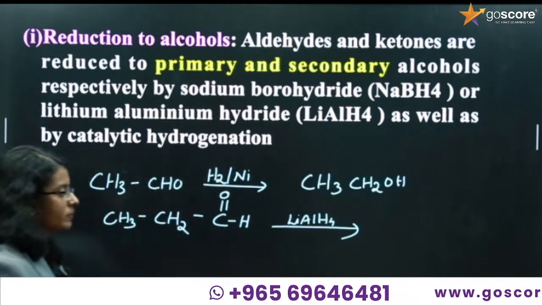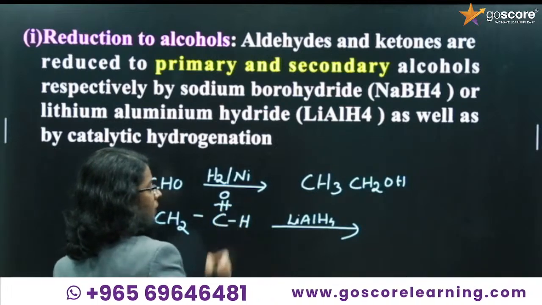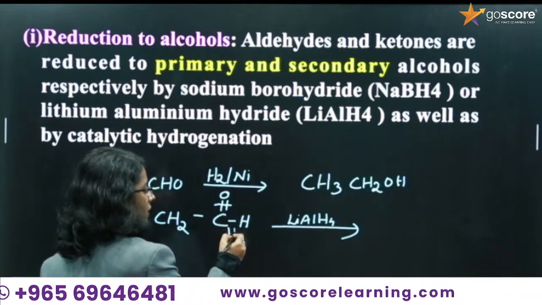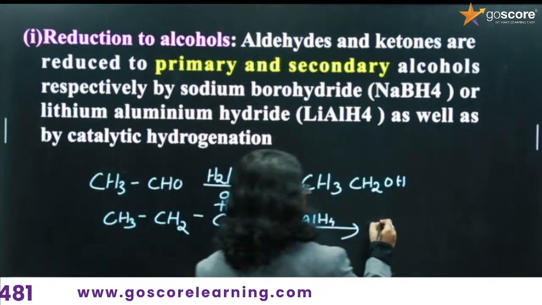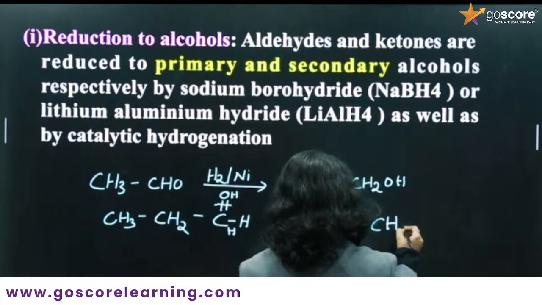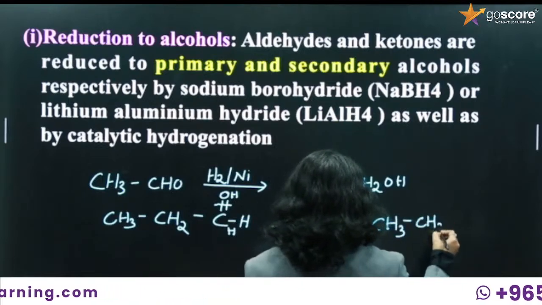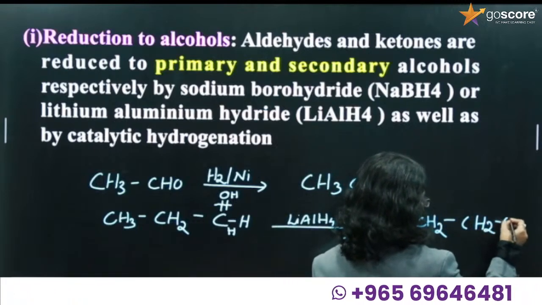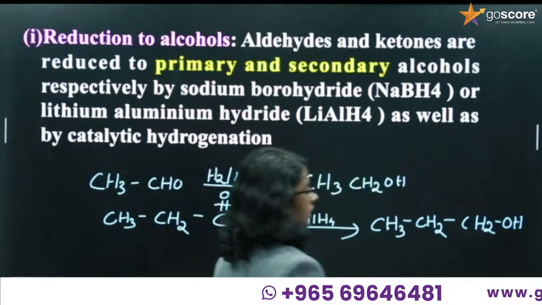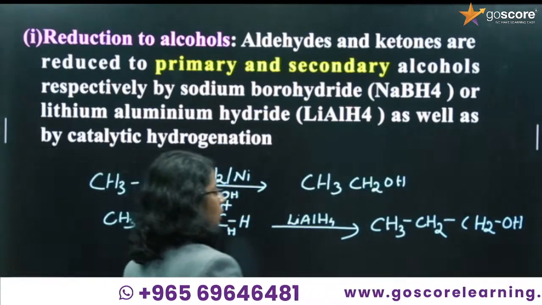Here, this pi bond will break. One hydrogen will be added here and one hydrogen will be added here. Then you will get the corresponding primary alcohol, that is CH3CH2CH2OH. That is, you get propanol.